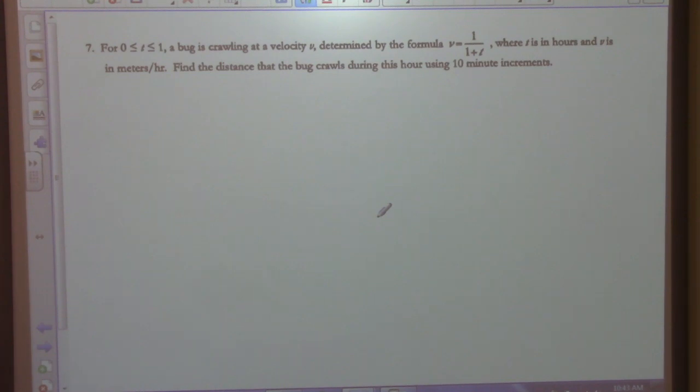Let's see if you can construct that. In fact, what I want you to do for that is probably make a table, and you want to do trapezoidal rule.